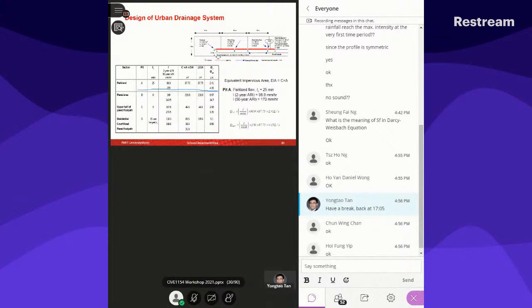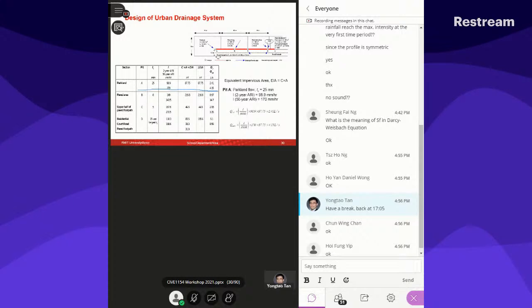For pit A, for 2-year ARI the peak flow is 2.41 liters per second, and for 50-year the peak flow is 4.15 liters per second. This is the calculation for pit A.